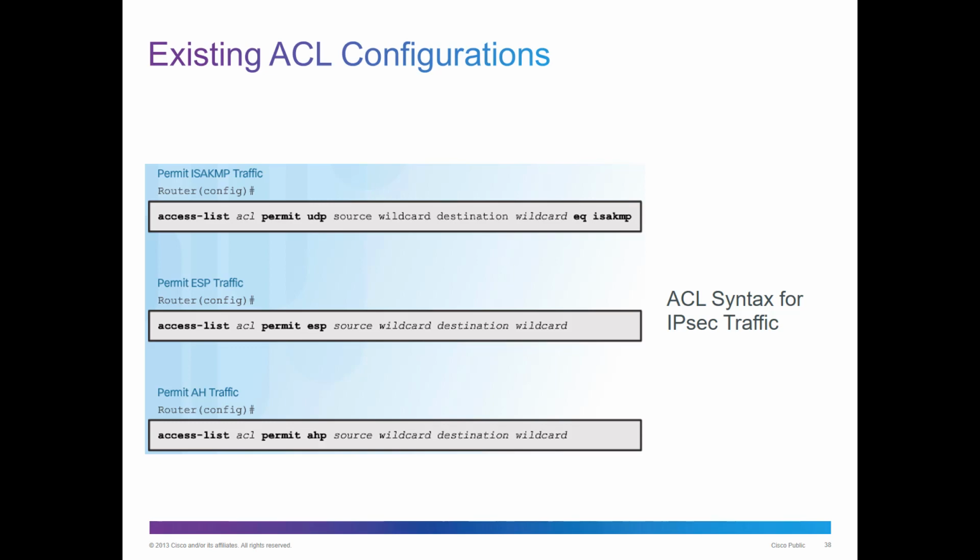UDP is the protocol, and equaling the ISAKMP ports. And if we're looking at ESP type traffic, we have to permit ESP, as that's going to be the protocol. If we're permitting AH traffic, again, now it's going to be the AHP for the protocol. ACLs are important here because we have to know what type of traffic to match to send through the tunnel. Here we should be matching the traffic to send.